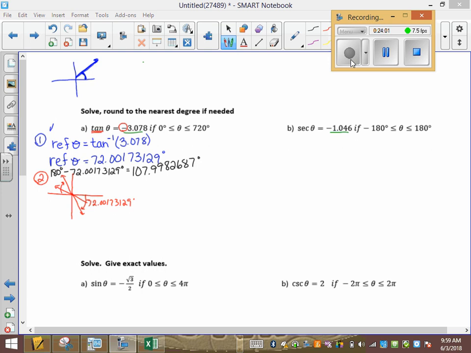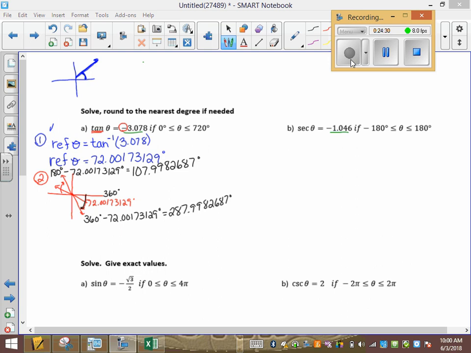Now to get this one, I'm going to do 360 minus it, because if I subtract this from 360, I get here, which is the terminating arm. So 360 minus 72.00173129 degrees, and I get 287.9982687.